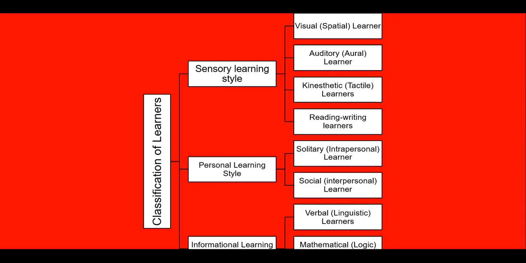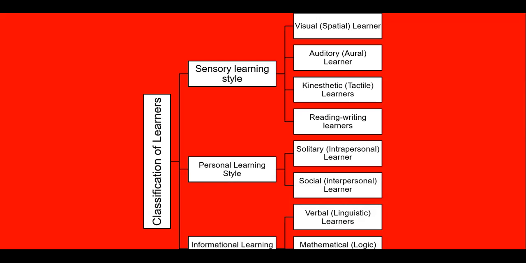The second category is personal learning styles. This classification is based on the relationship between the learner and the environment. It's based on the process through which information is taken in, the environment in which information is taken in by the learner.